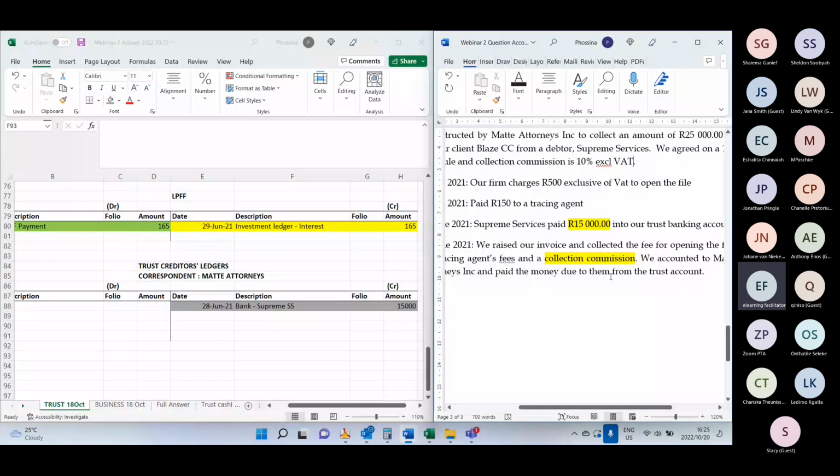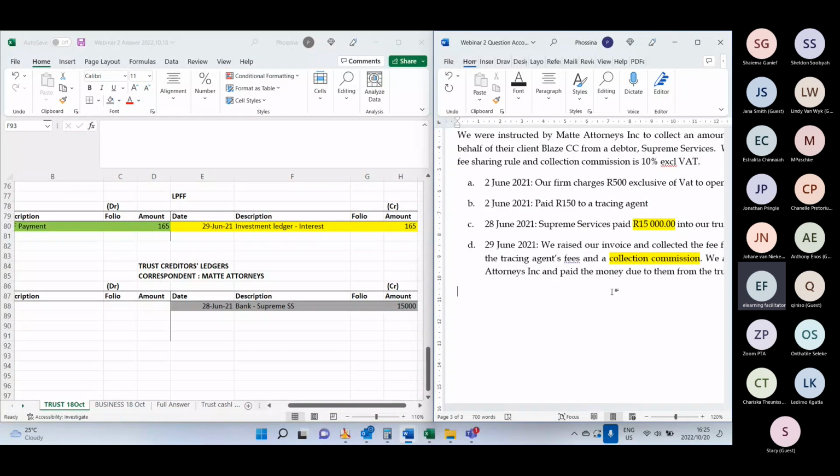Even in our assignment, assume it's excluding VAT, it's 10% excluding, because most of the things which comprise a percentage work that way.